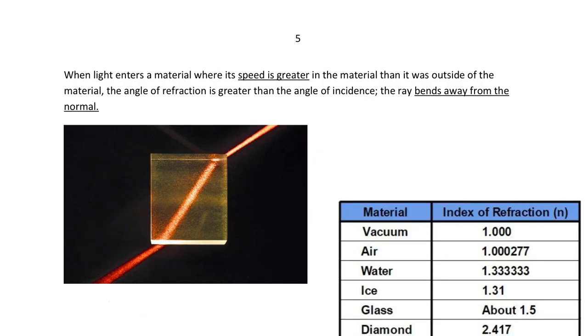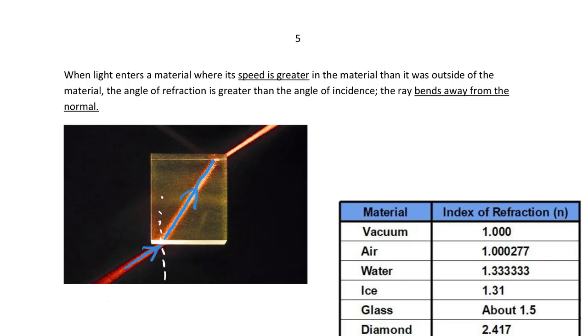So here you see right there is the incident ray. And then we'll draw a normal right where it hits that surface between the glass and the air outside. And we can see that the ray therefore bends towards the normal.